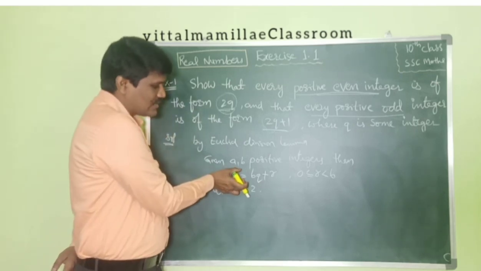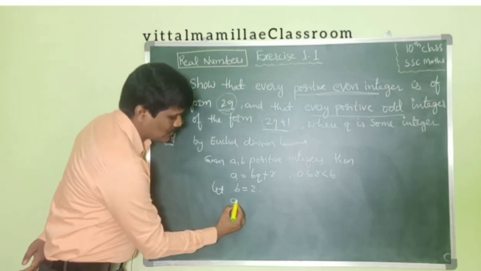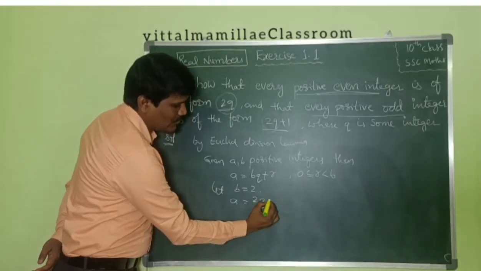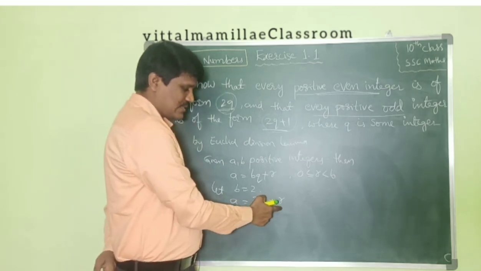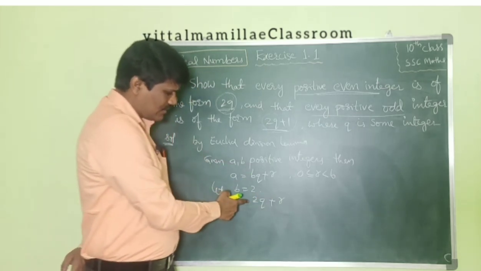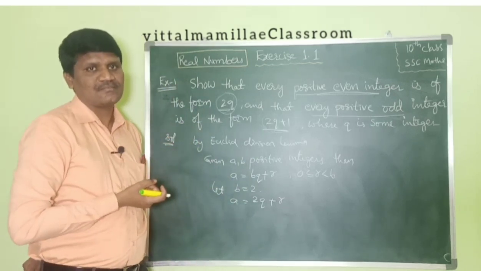In this equation, if b is equal to 2, what happens? a is equal to 2q plus r. If b is equal to 2, what are the possible values of r?